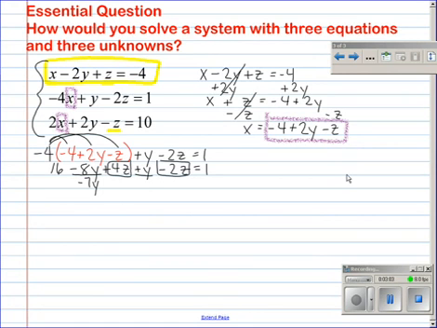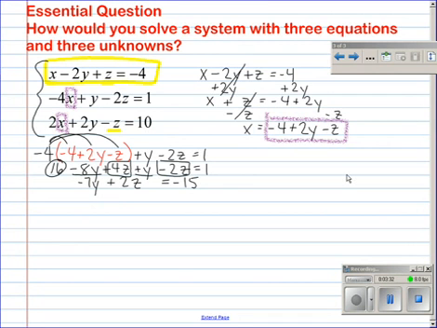If I combine those two terms, that would leave me with 2z. Then you're left with this 16. Well, I actually want to move the 16 to the other side of the equal sign, and the only way to do that would be to subtract. So if I subtracted 16 from 1, that leaves me with -15.